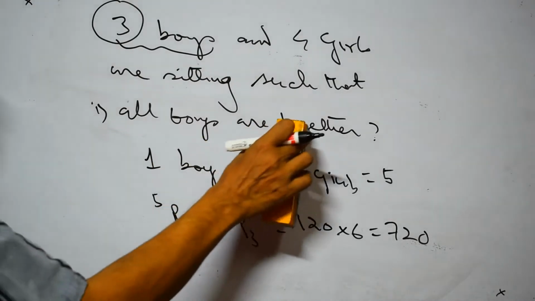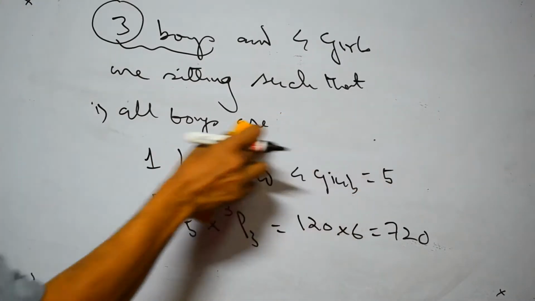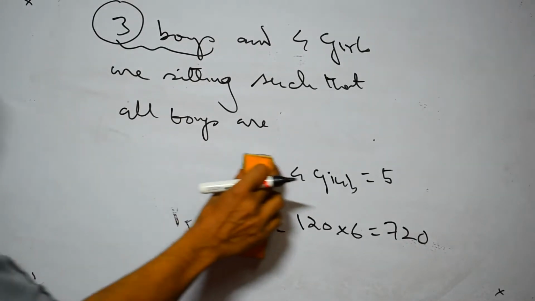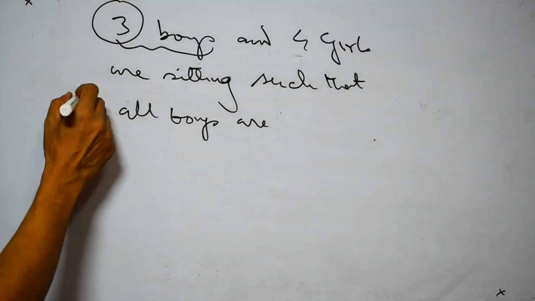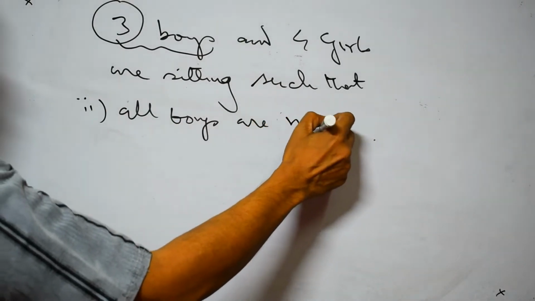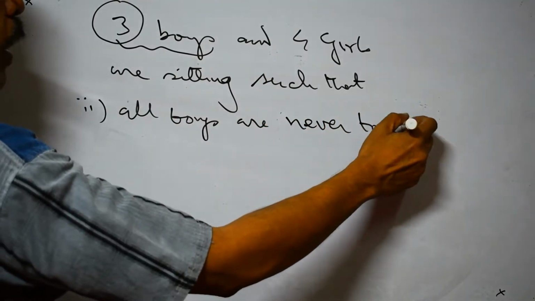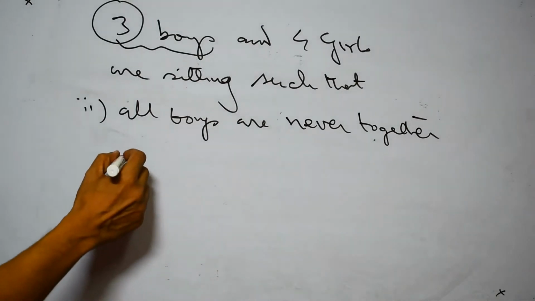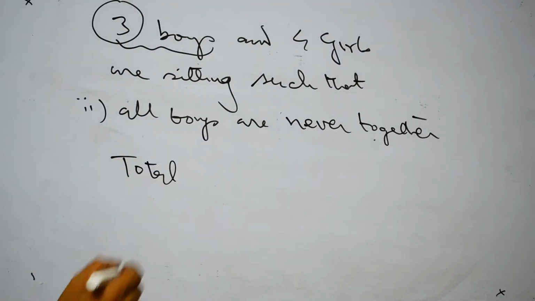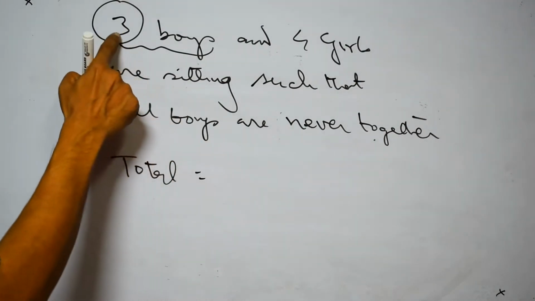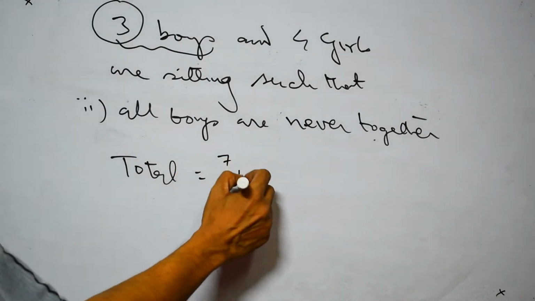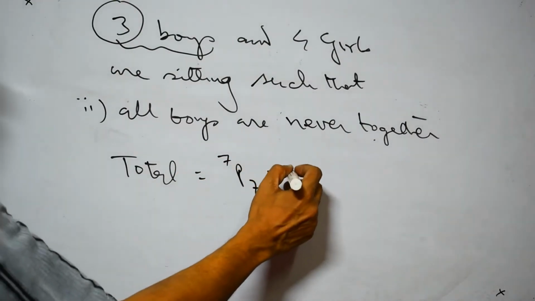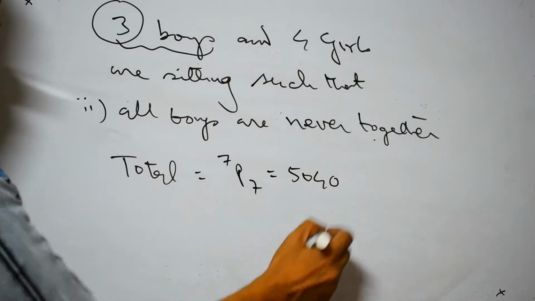Now all boys are never together. The second part: all boys are never together. I have discussed just before that whenever we consider never together, we take the total possibilities of all 7 persons. Because 3 plus 4 is 7 persons to be seated, 7P7 ways, that is 5040 ways.